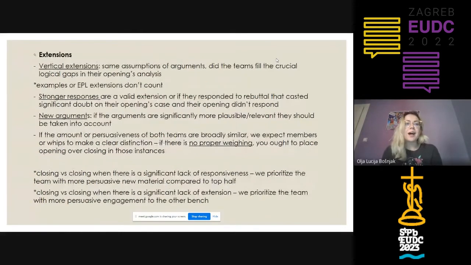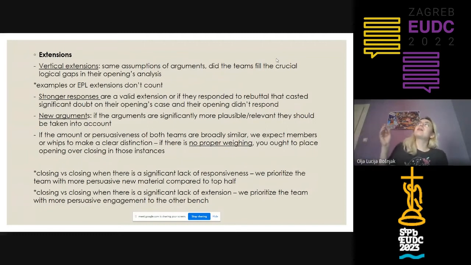All right, extensions. How to create extensions? There are obviously a few types. Vertical extensions. It's fine if there's the same assumption of the argument on the bench. The question is, did the teams fill the crucial logical gaps in their opening's analysis? So if opening does a nice argument, and CG adds 2 or 3 cool lines of analysis, unless it's weighed well, in and of itself, it's not an extension, right?